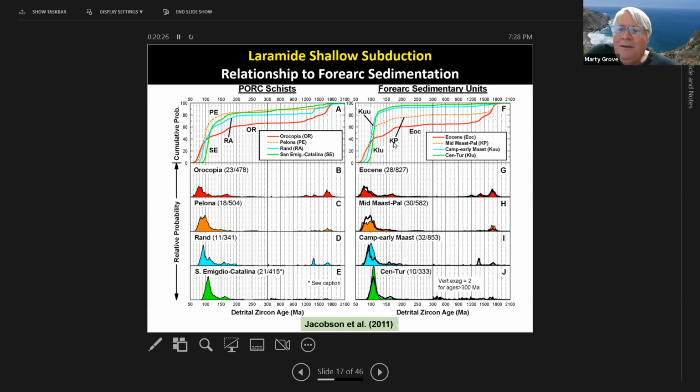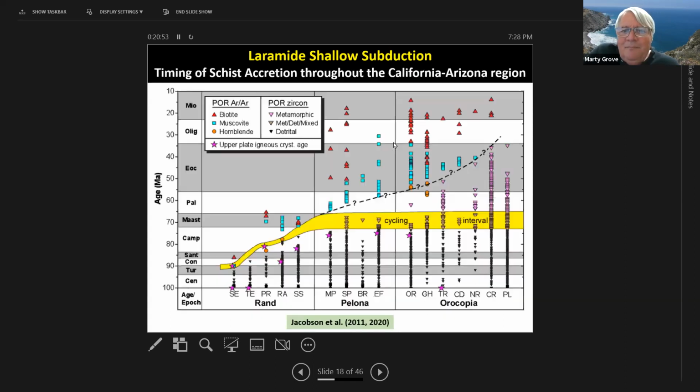And finally, the sediment that carries the same provenance signature as the accreted schist is present in the Southern California forearc region. In other words, when we require a certain composition of sediment to be transferred to the trench, we can document that the sediment of a given age has the appropriate provenance signature.